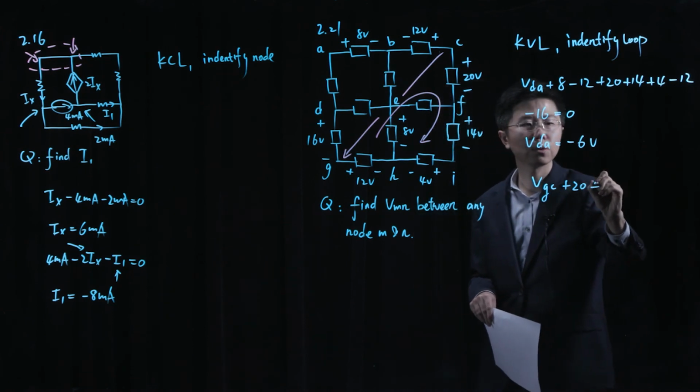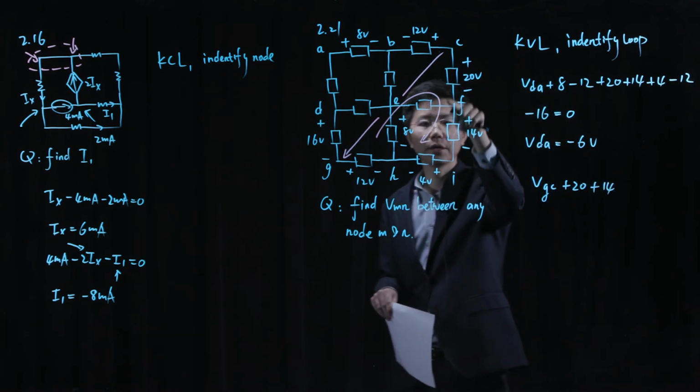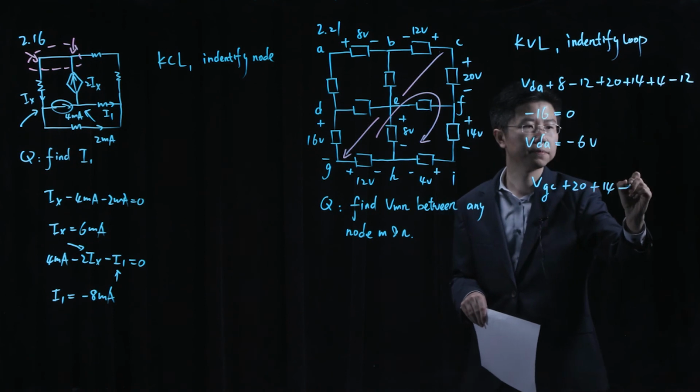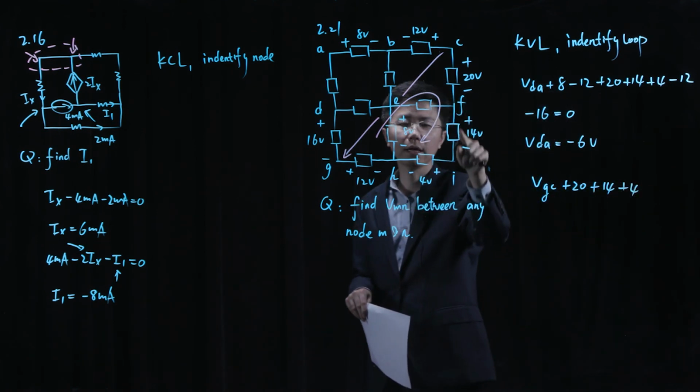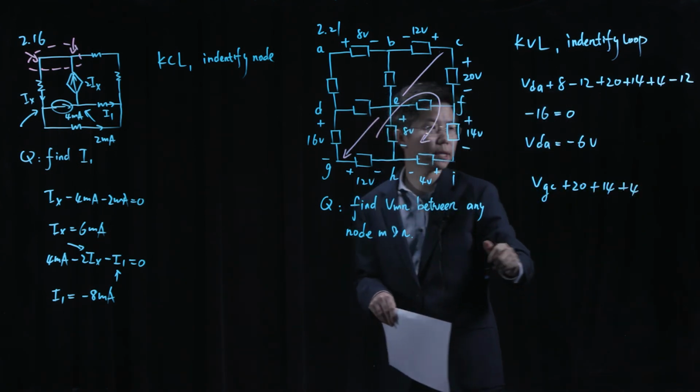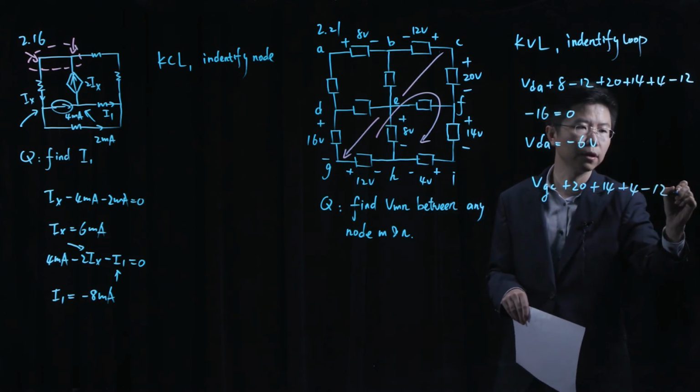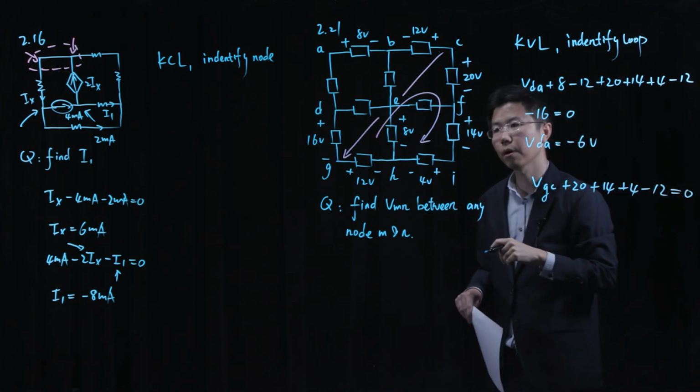Again, positive 14. Here, positive 4. When we're reaching here, this starts with a negative terminal. This is -12. And the algebraic sum is 0.